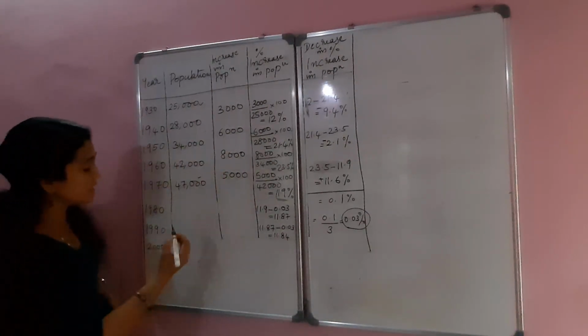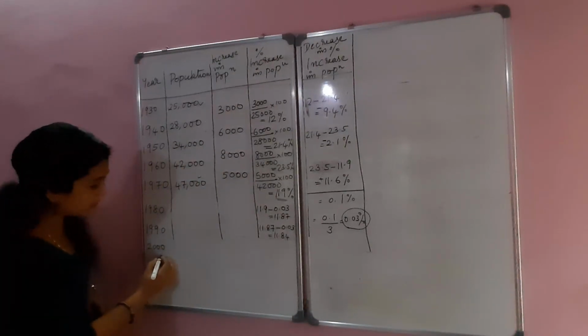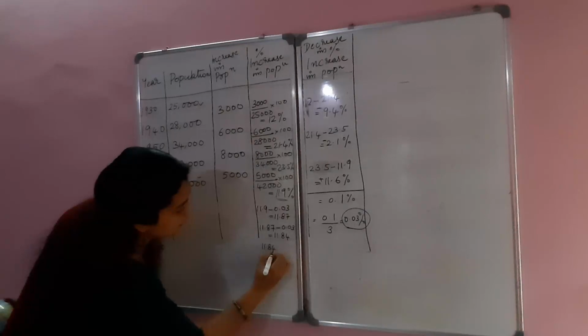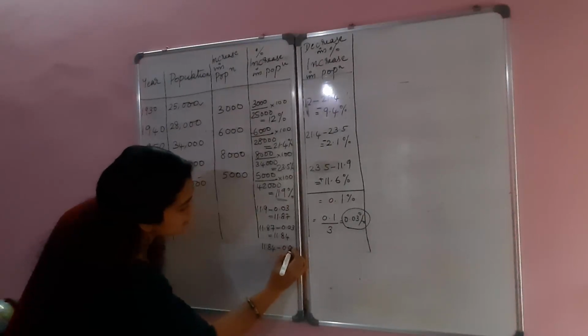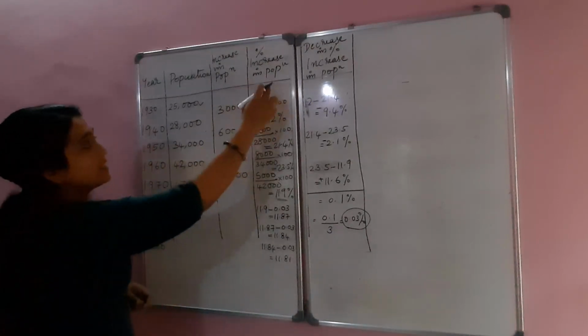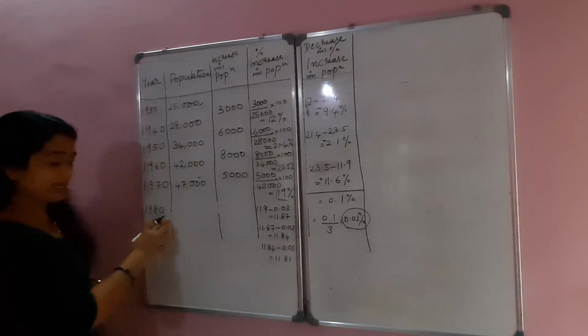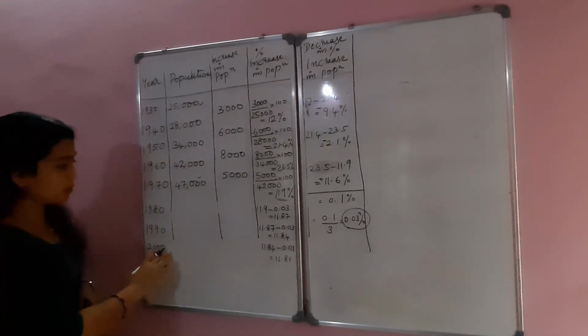Then the percentage increase in the year 2000 is 11.84 minus 0.03, that is 11.81. This is the percentage increase in population for the years 1980, 1990 and 2000.